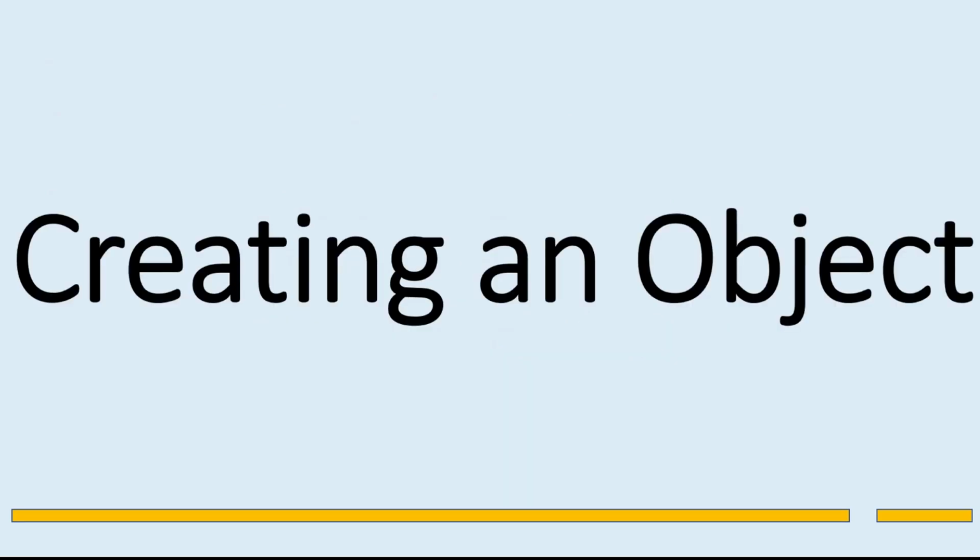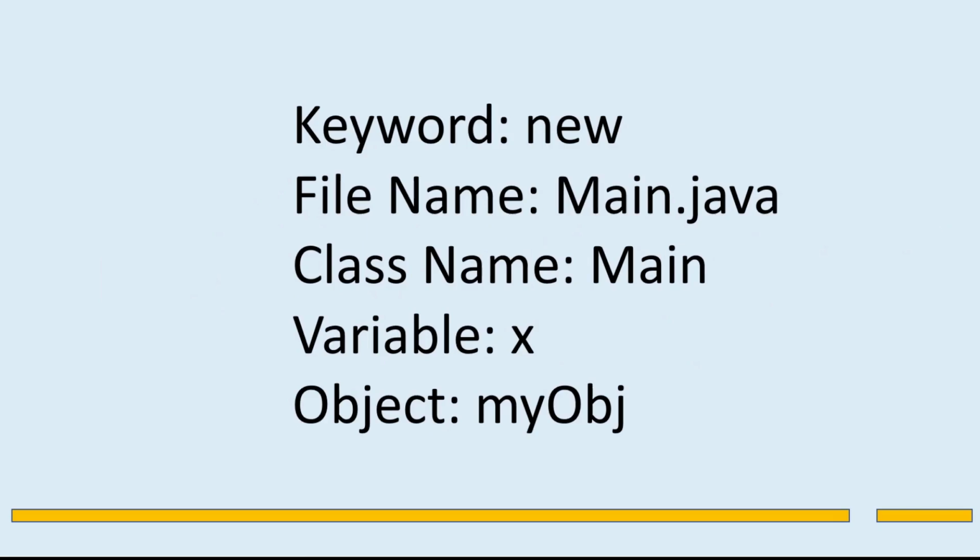Creating an object. In Java, an object is created from a class. We have already created the class named Main, so now we can use this to create objects. To create an object of Main, specify the class name, followed by the object name, and use the keyword new. For example, we want to create an object called myObj and print out the value of x.